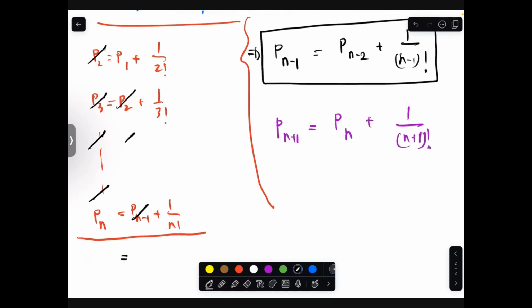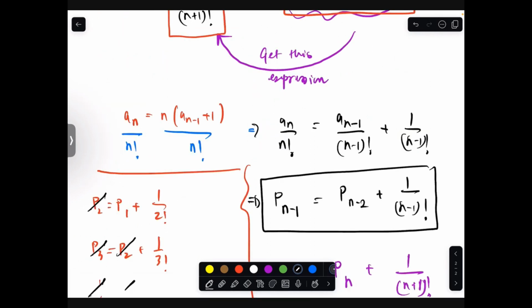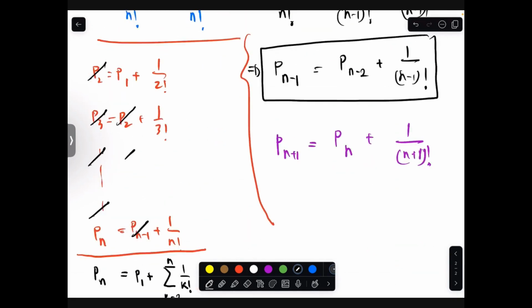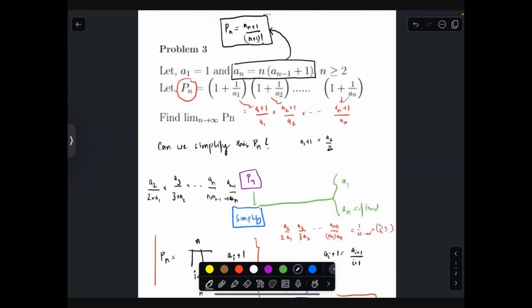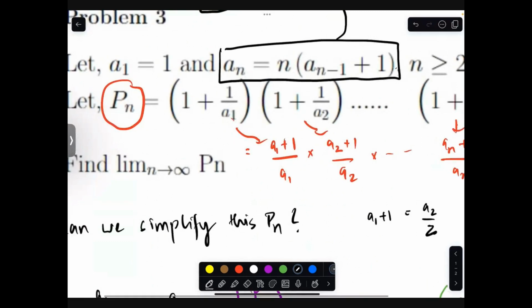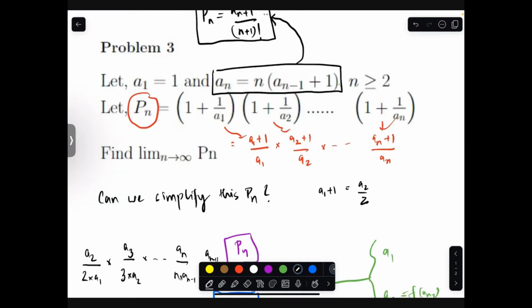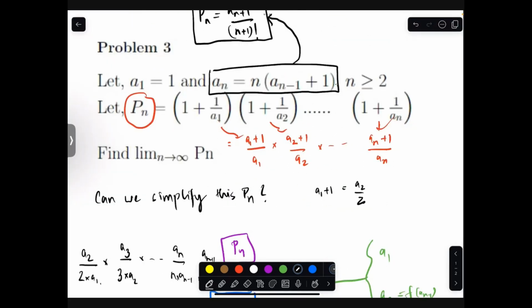You add it. On the left hand side only Pn is left, on the right hand side P1 is left, and what you are left with is a summation from k equal to 2 to n, 1 by k factorial, right? And P1 is nothing but what? If you remember, P1 is nothing but 2, because it's 1 plus 1 by 1 factorial.